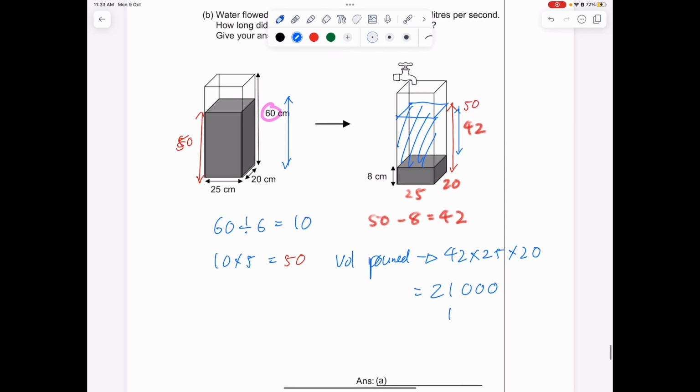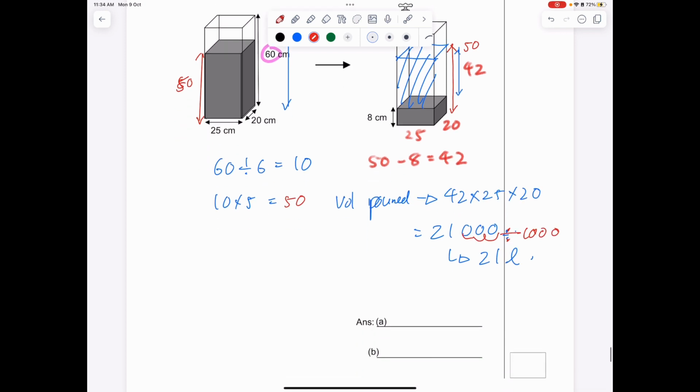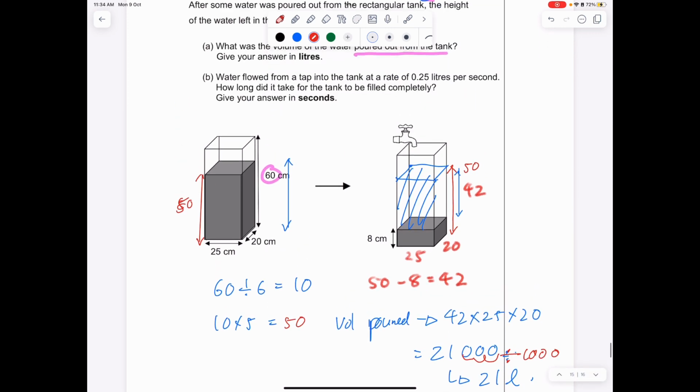But they needed this in liters. We have to convert this into liters, so 21 liters. Okay, we need to divide this by 1000. So we shift 1, 2, 3. So this is A, 21 liters, sorry.